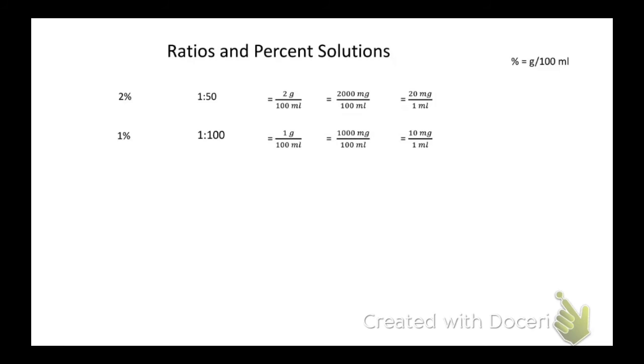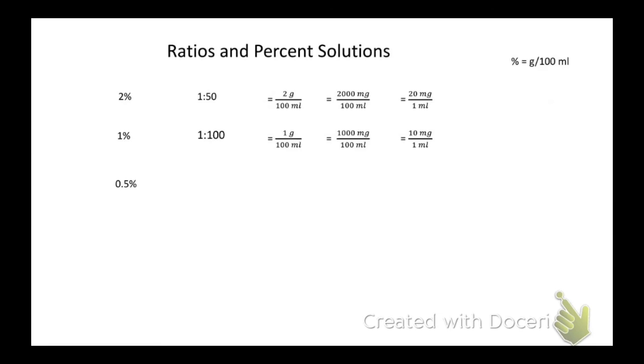And again, we can simplify that to 20 milligrams per 1 ml. And let me reiterate the relationship between these two. 2 over 100 is the same as 1 over 50.